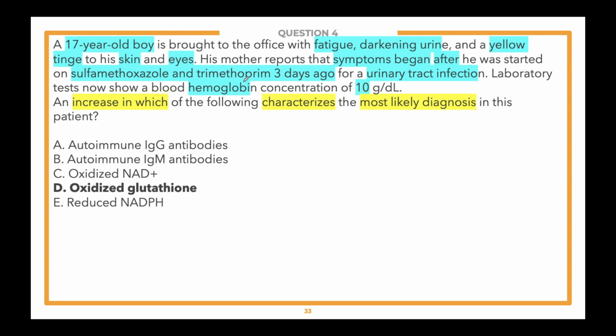It can be precipitated by certain drugs, usually penicillin or methyldopa. Those would be your two main culprits to remember, penicillin and methyldopa. You can also have certain conditions like lupus or leukemia, or even infections like Epstein-Barr virus infection that could also precipitate autoimmune hemolytic anemia. But again, not what's really going on in this question.